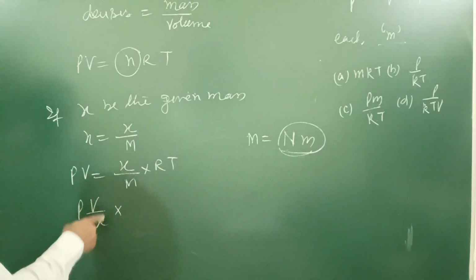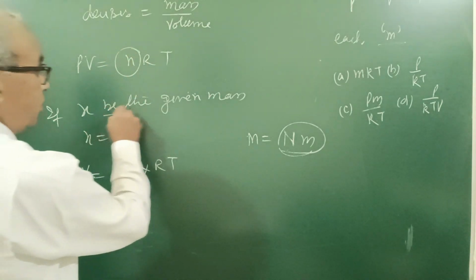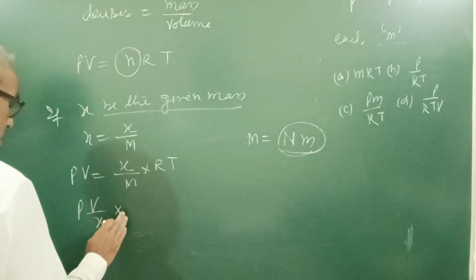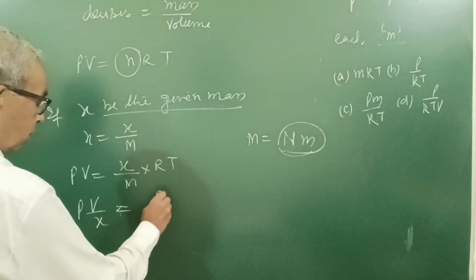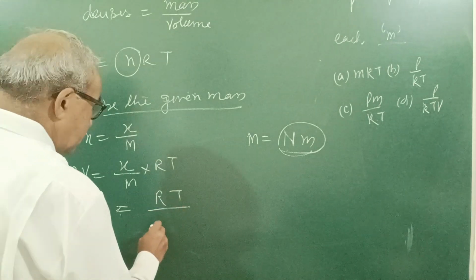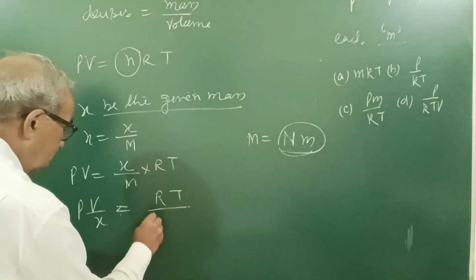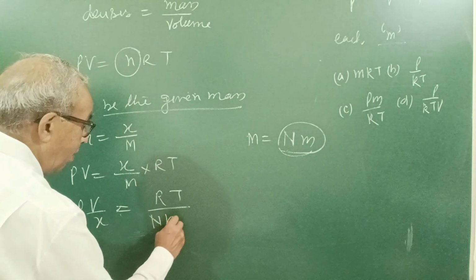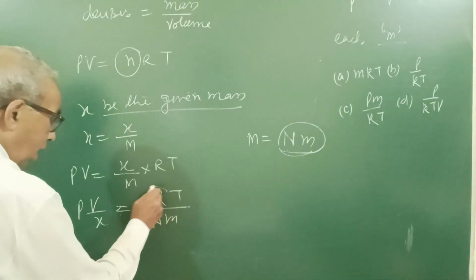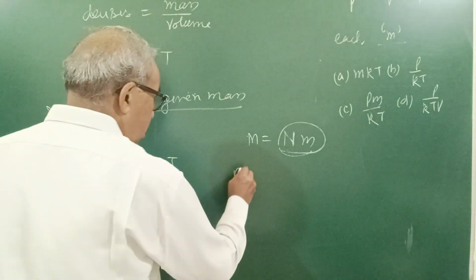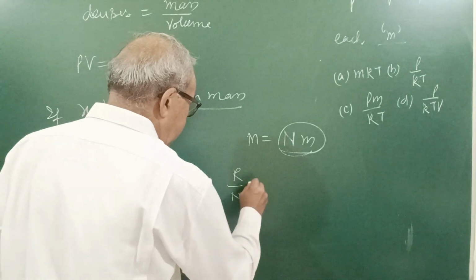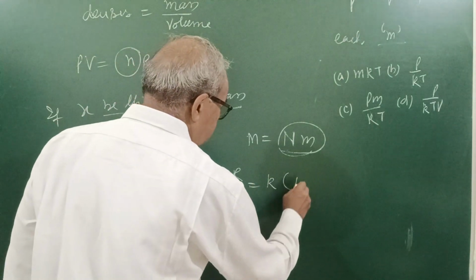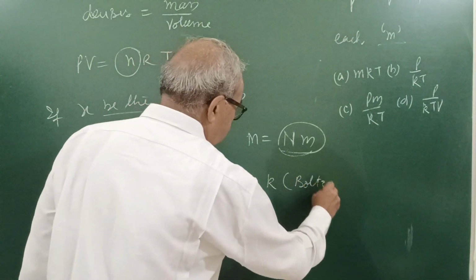Volume upon mass, X being the given mass, is equal to RT upon N into m. R by N is K, the Boltzmann constant.